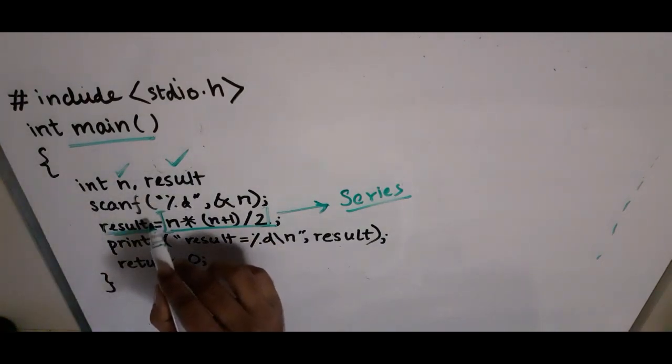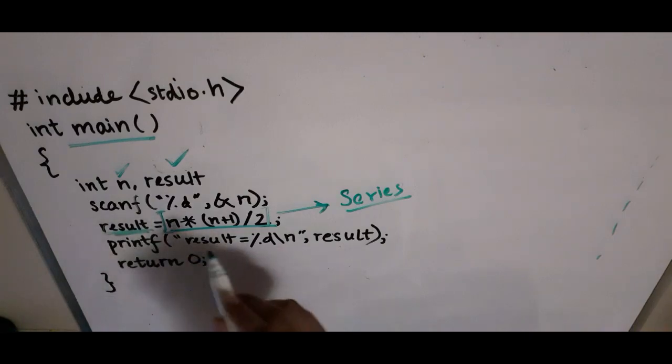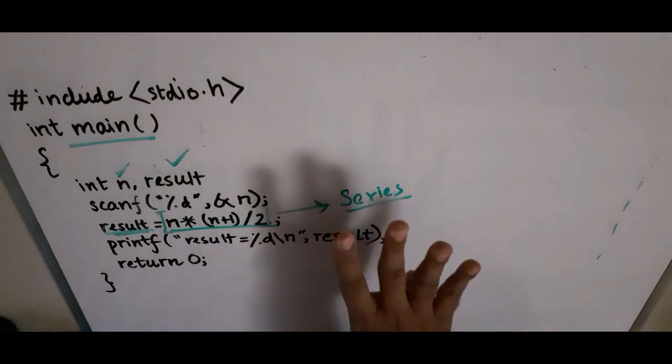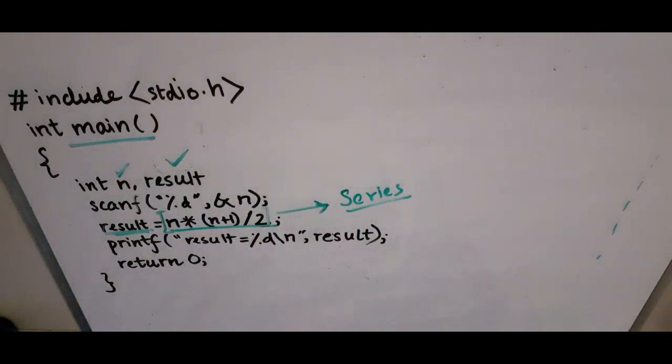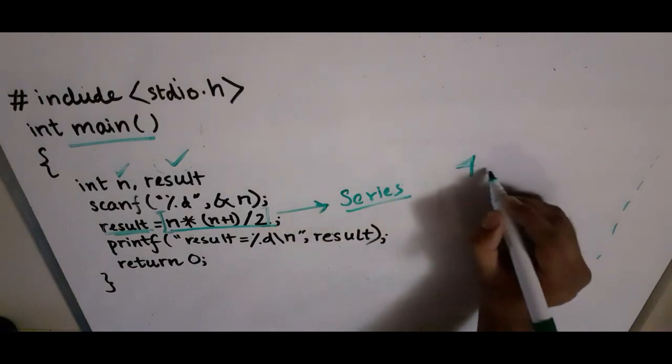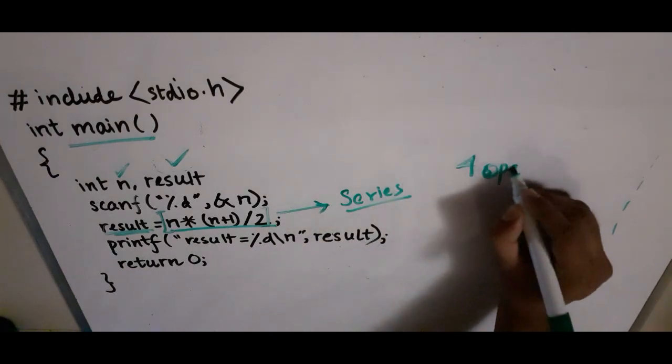So here this equals to is an assignment operation. So altogether there are 4 operations.